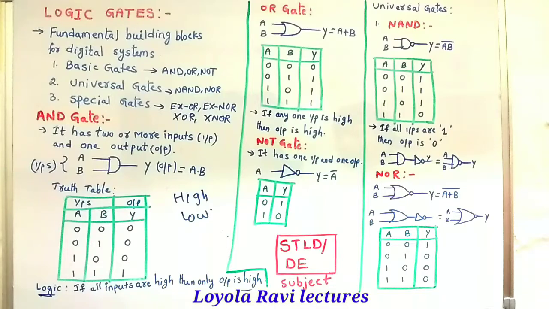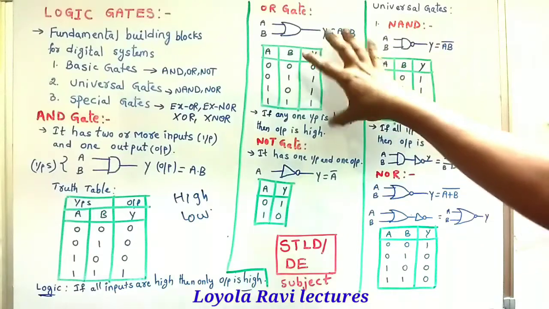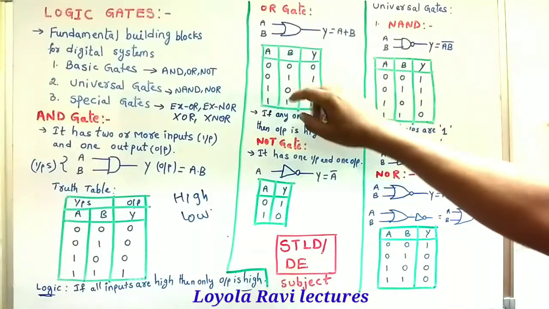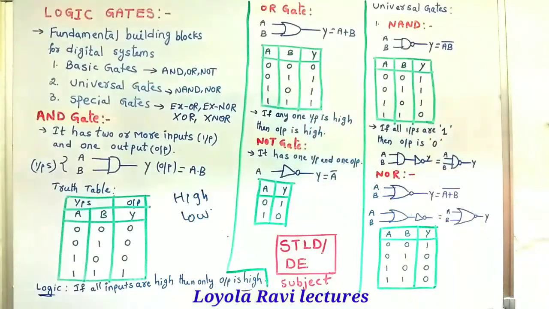If it is binary arithmetic, that is different. Here we are going to perform logical operations. Remember, 1 plus 1 is nothing but 1. 0 plus 0 is 0. So here we are performing logical operations.